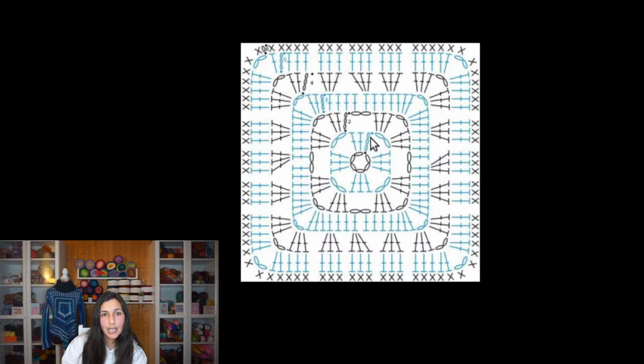We have here the chain that goes this way, and then we work our stitches. But our chain up goes here. Do you guys see that? I'm just wondering if anyone in the chat thinks that this pattern might be tricking us in a way. Is it possible to work it?